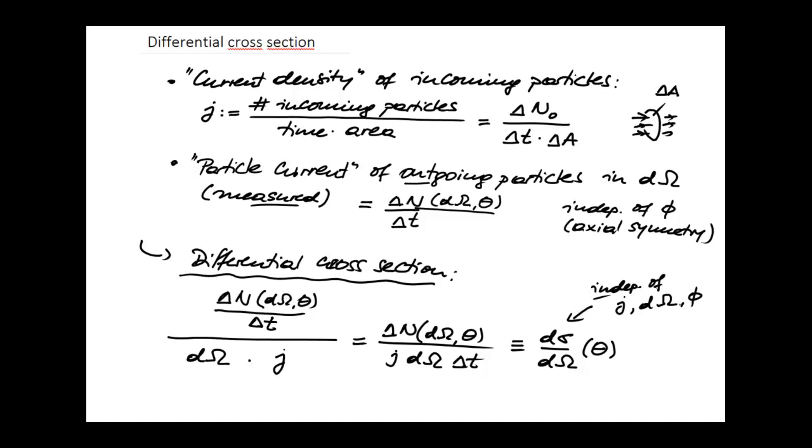So this is the differential cross-section. It should depend only on the scattering angle, and of course it should depend on the shape and the strength of the central potential. And the basic idea of scattering experiments is that you measure experimentally the differential cross-section as a function of scattering angle theta, and then you want to deduce from that the form of the potential.